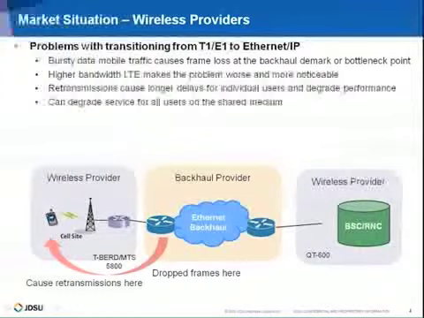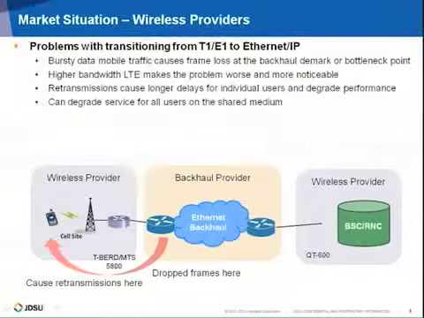Because bursty traffic is causing this frame or packet loss, it's degrading the service performance for individual users, and not only individual users but multiple users, because they're sharing the same medium in many cases. So bursts by one user can sometimes cause loss for another user.